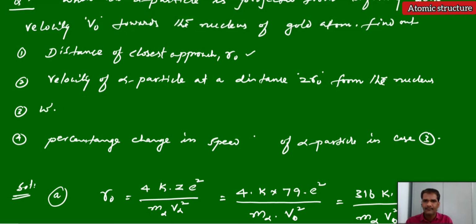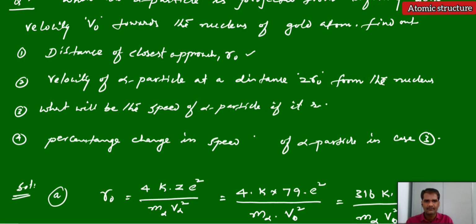The question here should be like this: what will be the speed of the alpha particle if it reaches only R naught by 2?